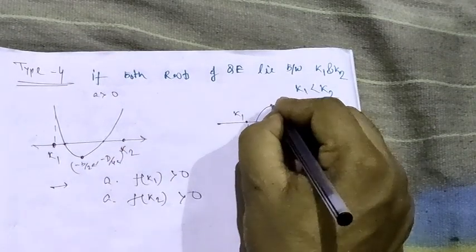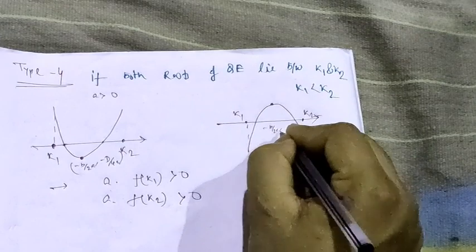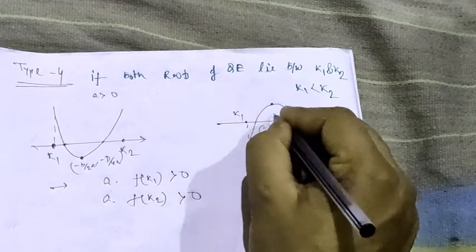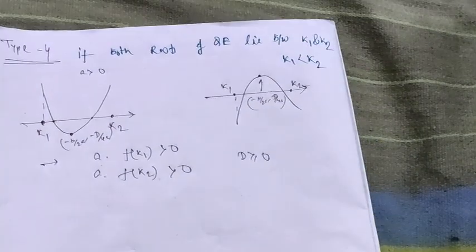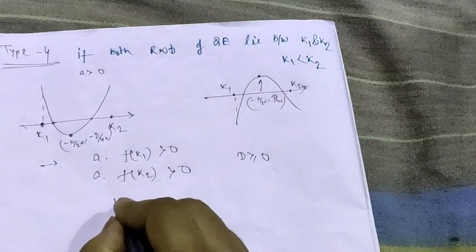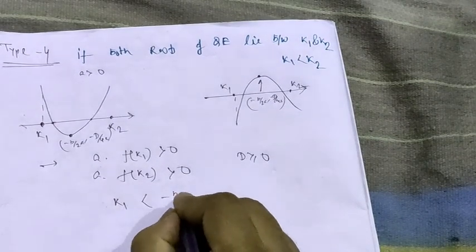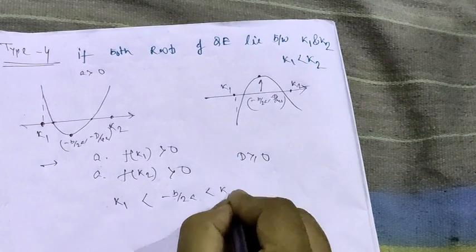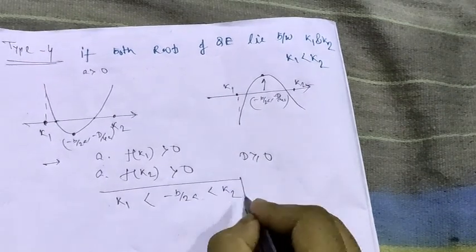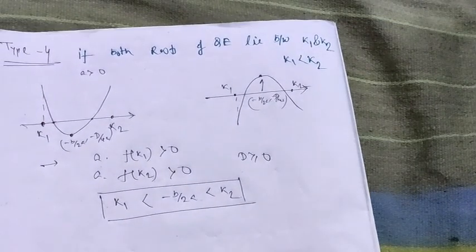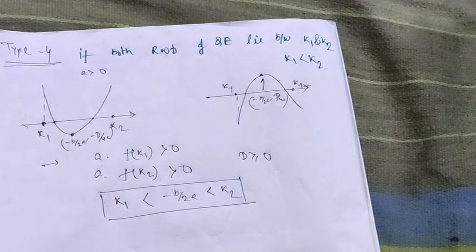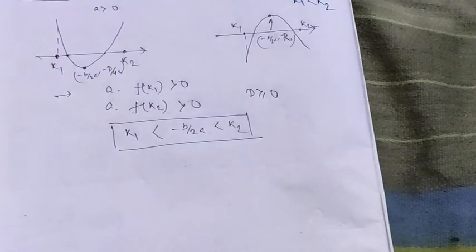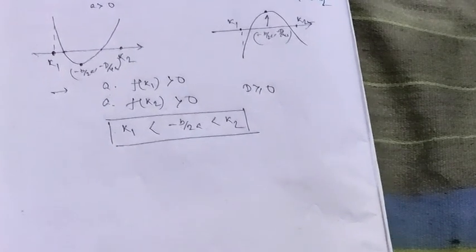Here also minus b by 2a, minus D by 4a, the coordinates of this point. So k1 is less than minus b by 2a, which is less than k2. This is the next condition. You have to check these four conditions and apply them properly, and you will get the solution. It is very easy. You just have to understand the curve.